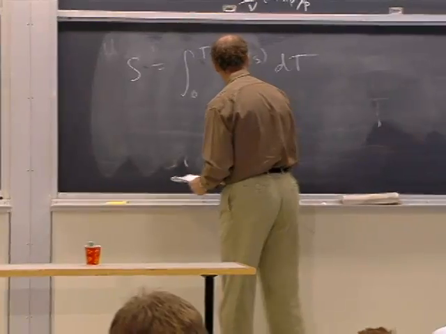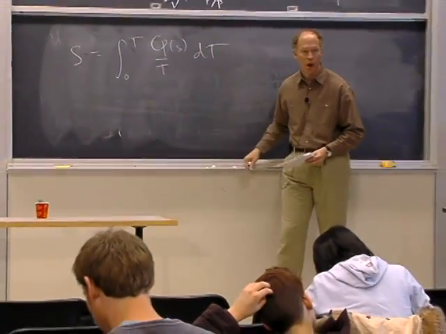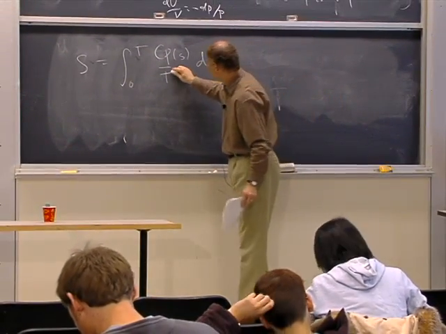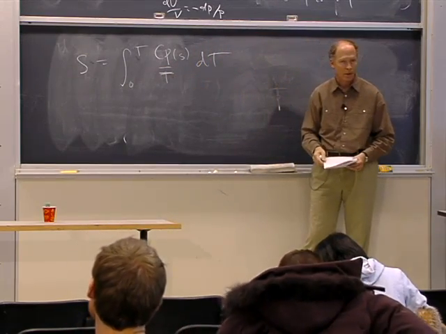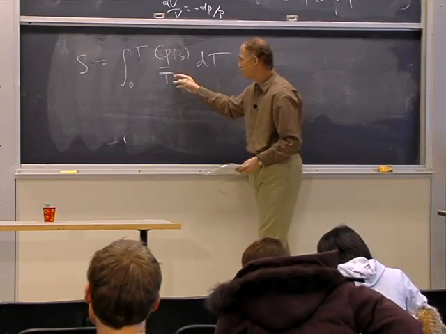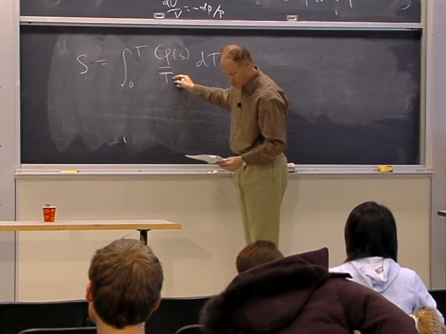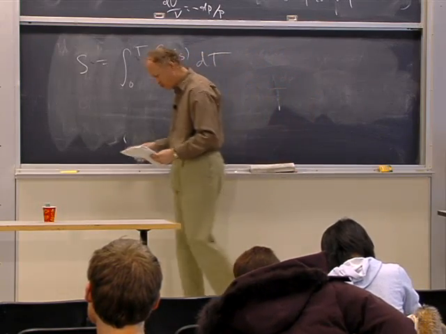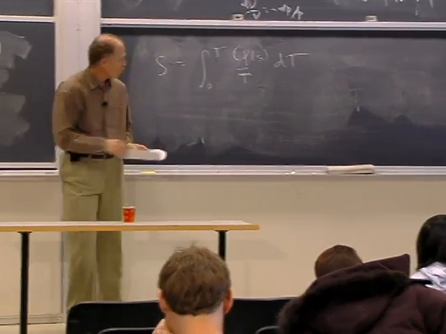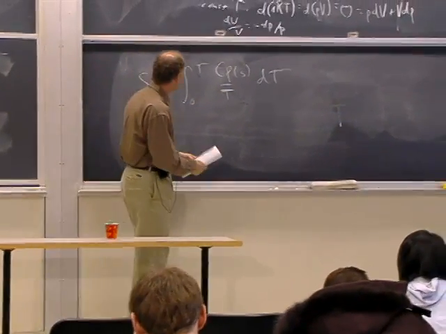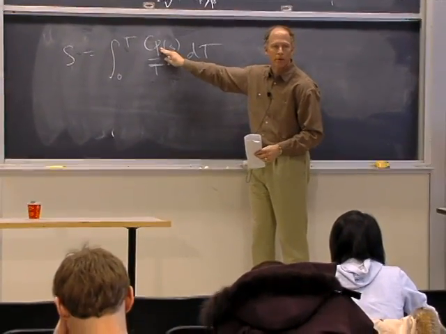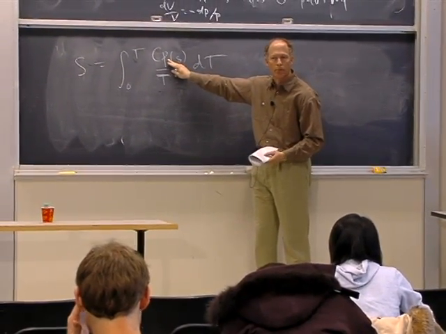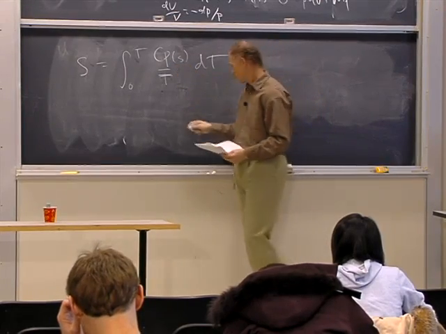Now, already we've got a problem, right? If this initial temperature really is 0, what happens? Does this diverge, right? Well, in fact, what that suggests is as you approach 0 Kelvin, the heat capacity also approaches 0, right?